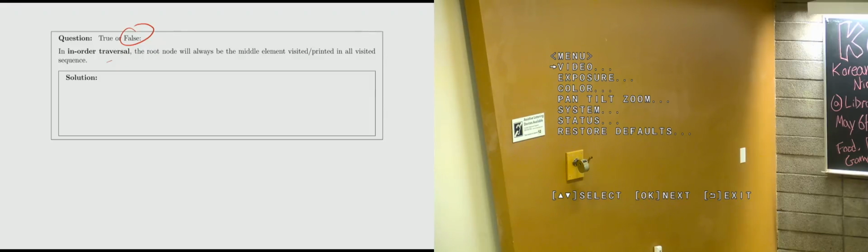Yeah, partially right. What if I have a tree like that? 1, 2, 3, and 4. So it would just go 1, 2, 3, 4. What about if I have a 0 here? Then it's not a center element, right?